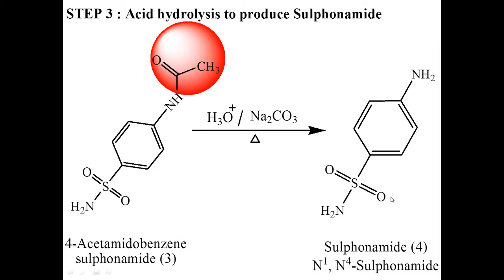We are using dilute hydrochloric acid for acid hydrolysis of the carboxylic acid amide group of 4-acetamido-benzene sulfonamide. Now this sodium carbonate is used to neutralize excess HCl and to generate the sulfonylamide group.